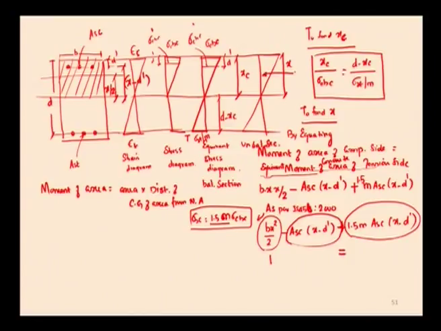So, here C1 be the total compressive force which is offered by the whole concrete area above the neutral axis, which is normally acting at x by 3 from the topmost extreme fiber, and T1 be the corresponding tensile force, and the distance between these two forces is called the lever arm Z1, and this is d minus x by 3.